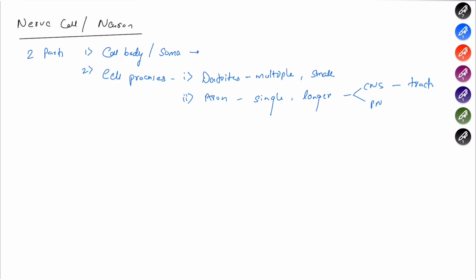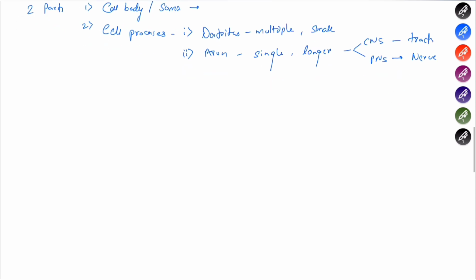Collectively it forms white matter because it looks white due to presence of myelin sheath.